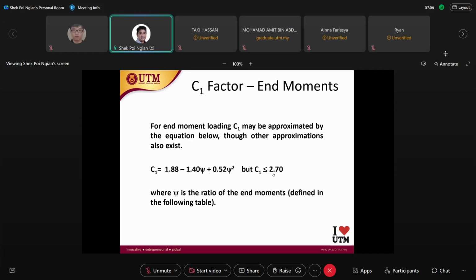So by using this equation, you calculate C1, and then C1 cannot be more than 2.7. The symbol here, if I'm not mistaken, is called omega.